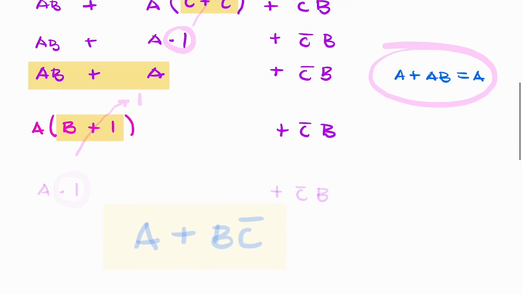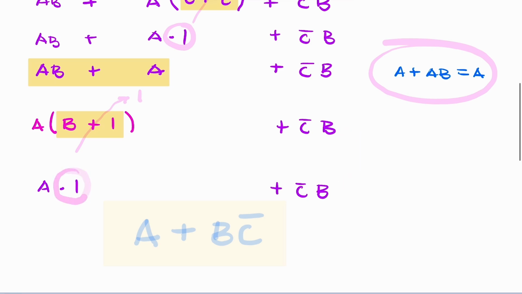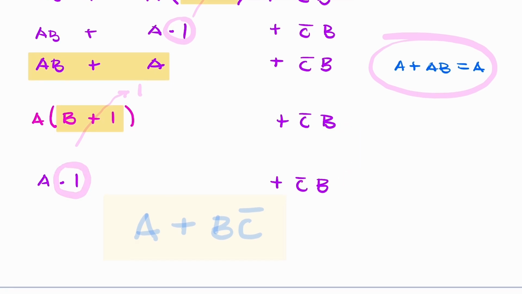So you're going to end up with A multiplied by 1 plus not C B. And A multiplied by 1 is always A, so your final answer really is simply A plus B not C. So that's your final answer after simplifying that Boolean expression. There's not anything else we can do to simplify that further.